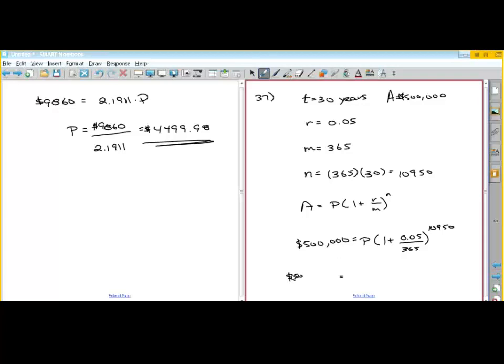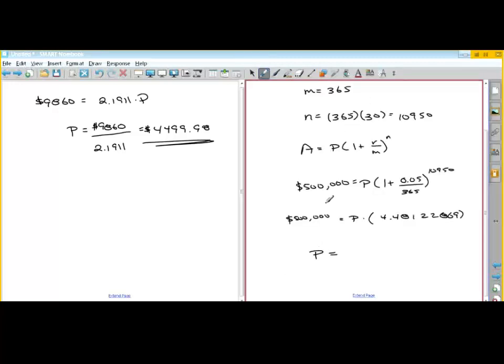So we get 500,000 is equal to P times 4.481222869. So we divide 500,000 by that, and we get $111,576.54, which is correct.